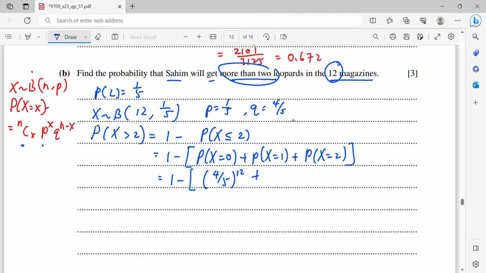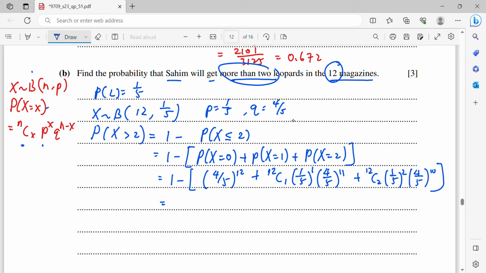So it means all failures, 12 failures. Then P(X equals 1) means out of 12, 1 success. That means 12C1, 1 over 5 to the power 1, 4 over 5 to the power 11. Plus P(X equals 2) means 12C2, 1 over 5 to the power 2, 4 over 5 to the power 10.